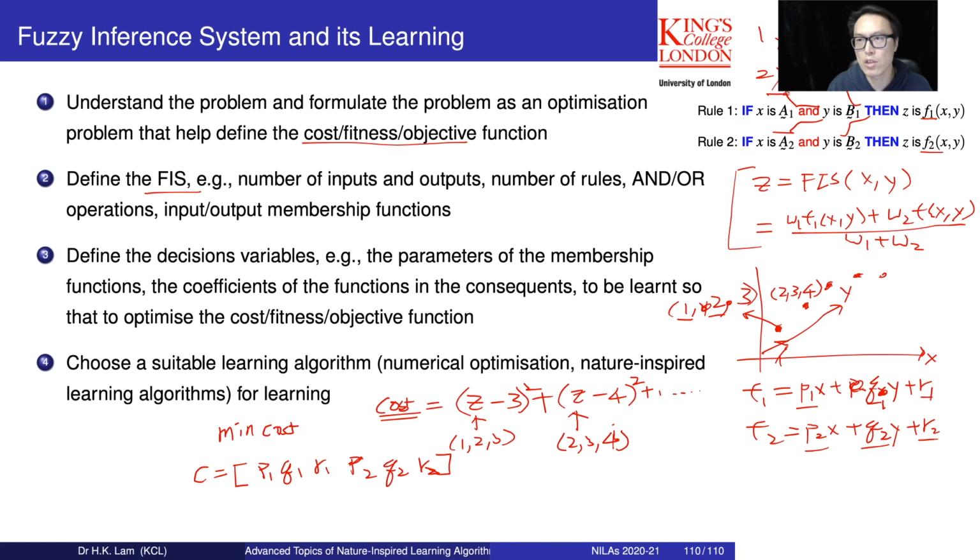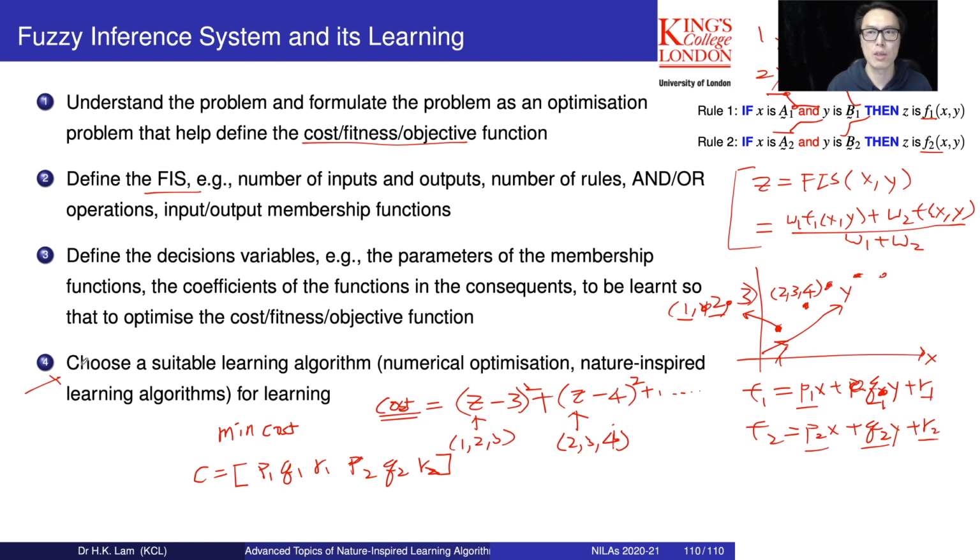If we say these 2 points can also be decision variables, that means we can ask the genetic algorithm to define the position of the membership function, and we can add these variables into the chromosome, so that during the training we also change the shape of the fuzzy inference system.